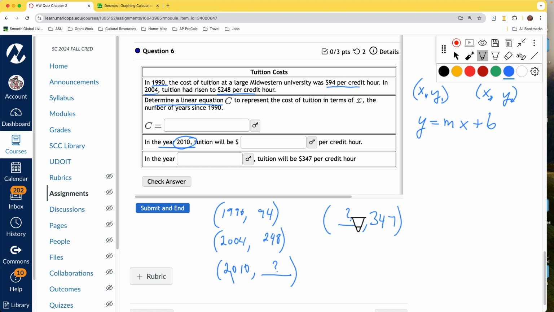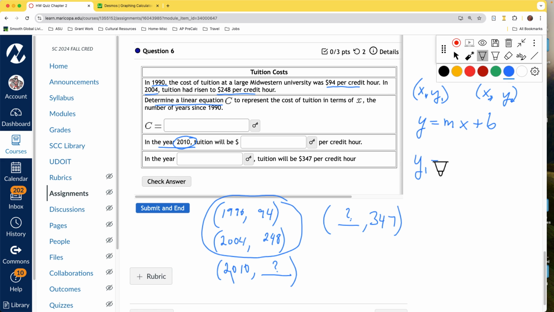Technology has not been my friend this year, so. Okay, what we're going to do is we're going to plot these 2 points with Desmos. We're going to put an equation in Desmos, but I'm going to show you we're going to do it a little bit differently because of the way we put it in a table.